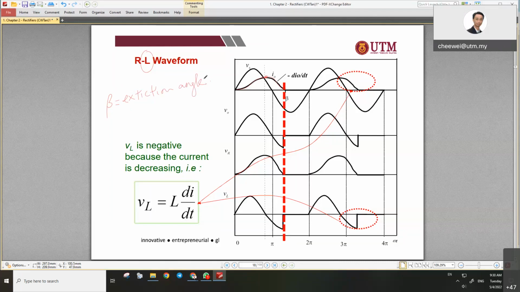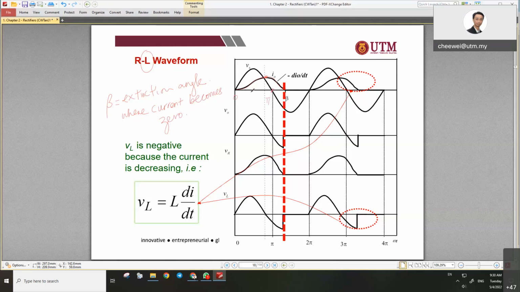It is known as the extinction angle. Extinction angle is the point where the current becomes 0. That is the point we know as the extinction angle.